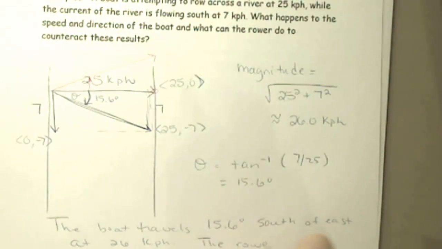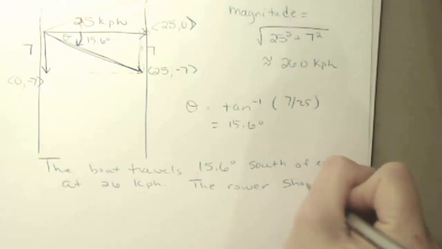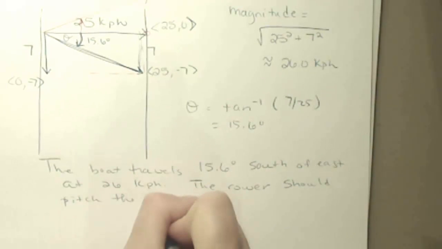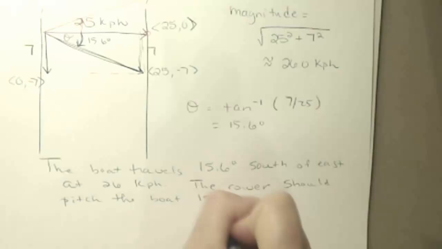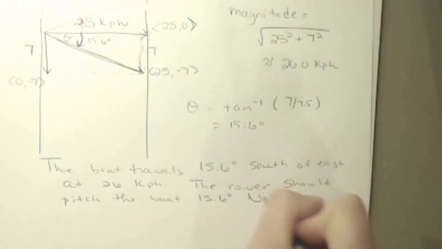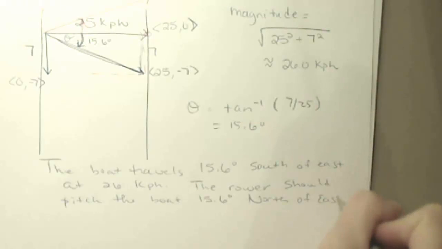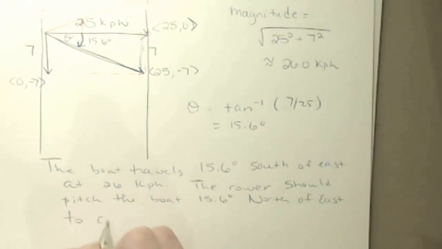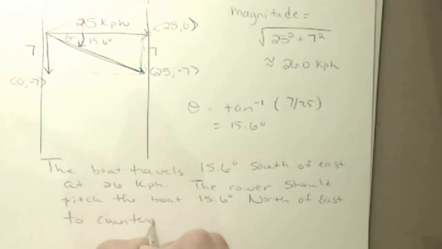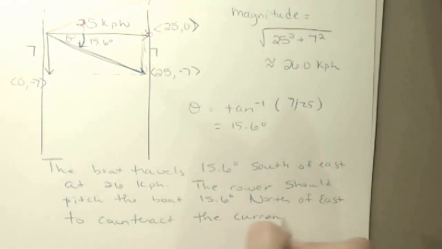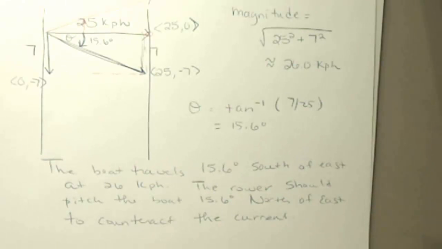The rower should pitch the boat 15.6 degrees north of east to counteract the current. And that's the end of the solution to example 5.